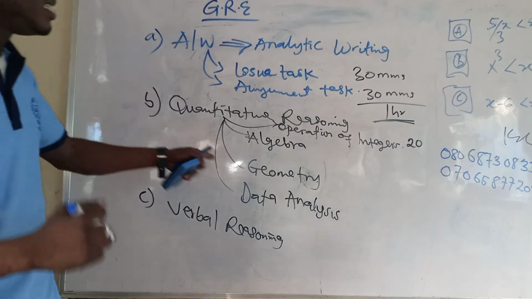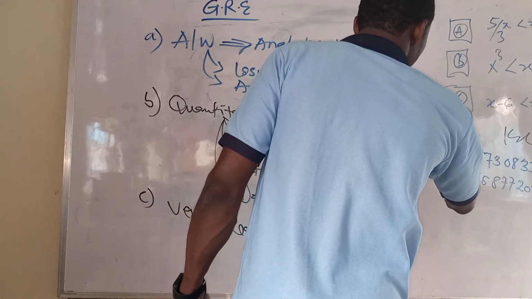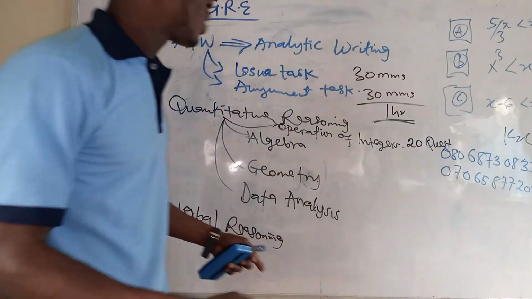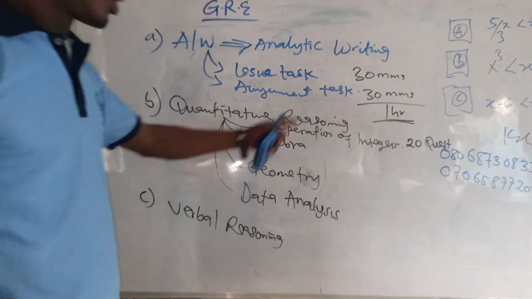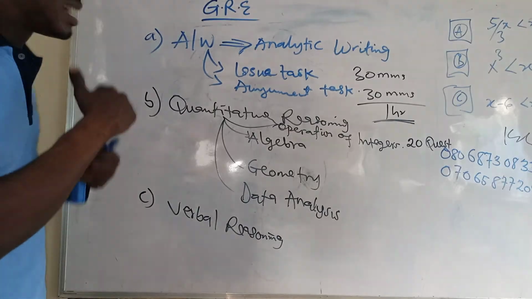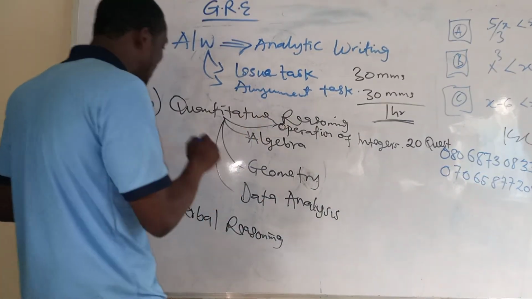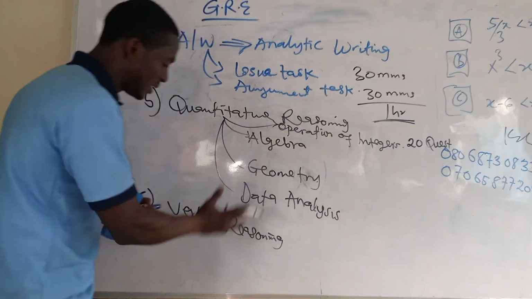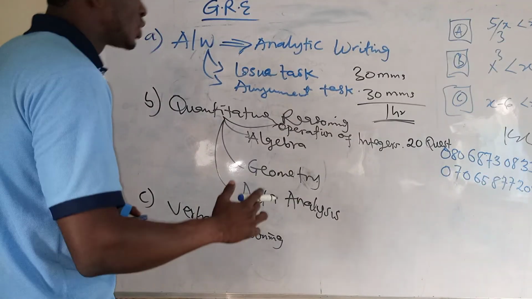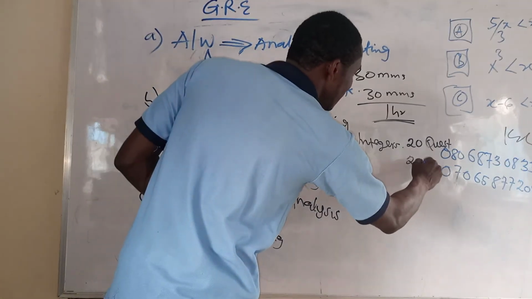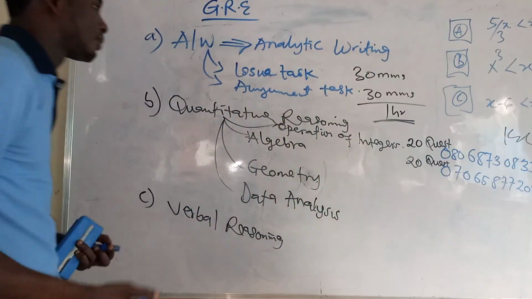If quantitative reasoning is brought forward first, there will be 20 questions, and those 20 questions cut across these 4 parts. After the 20 questions have been answered, another section will come, which is definitely not going to be quantitative. It will be verbal reasoning, and it's also going to come up with 20 questions.